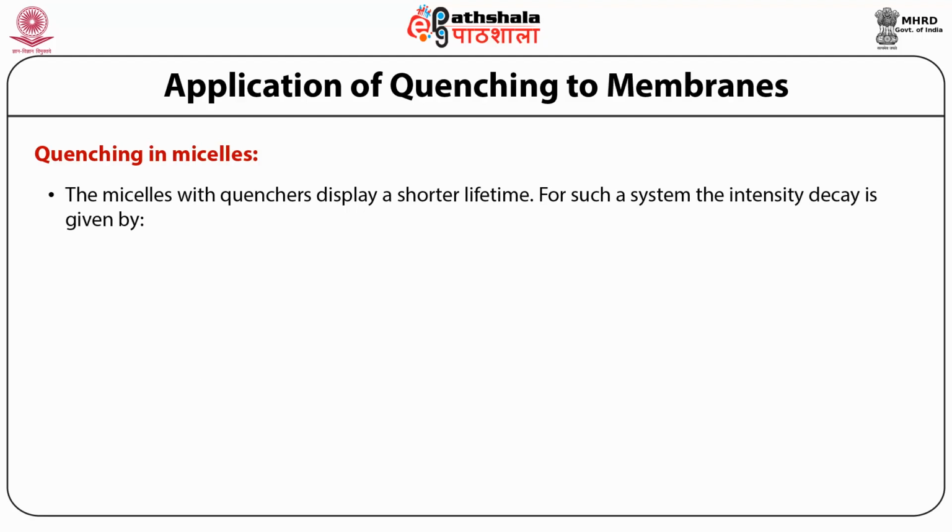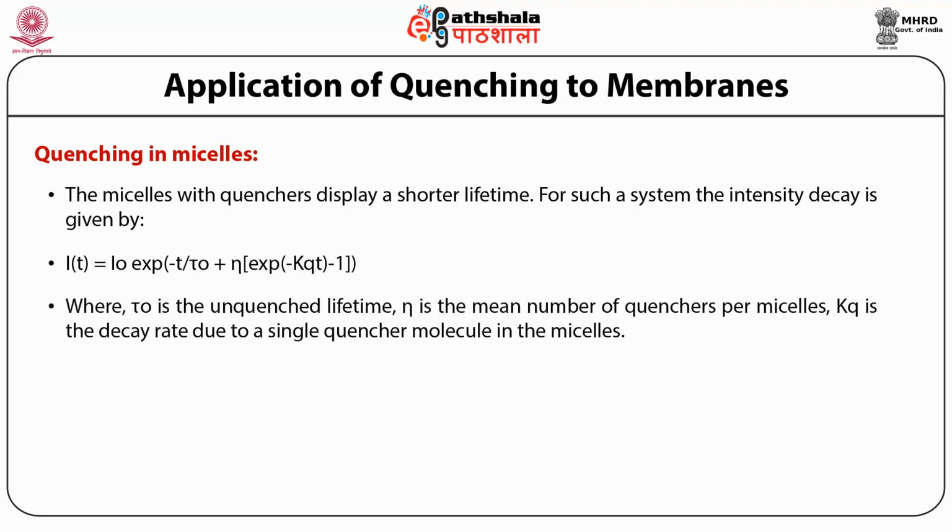For such a system, the intensity decay is given by the equation I over I naught equals exp of minus t over tau naught, minus eta times the exponential of minus Kq t, minus 1, where tau naught is the unquenched lifetime, eta is the mean number of quenchers per micelle, and Kq is the decay rate due to a single quencher molecule in the micelle.